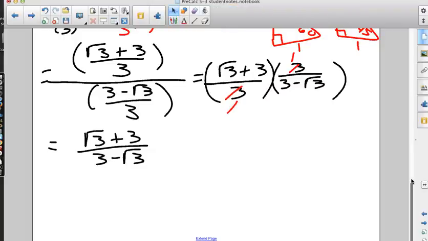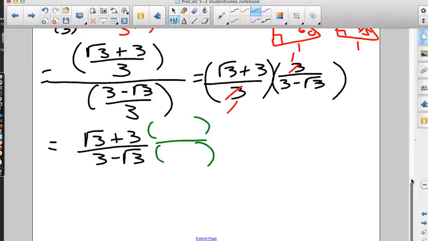In order to get it to look nice, we're going to have to multiply the top and the bottom by the conjugate of the denominator. Remember that one? Conjugate. What's the conjugate for 3 minus the square root of 3? 3 plus the square root of 3.